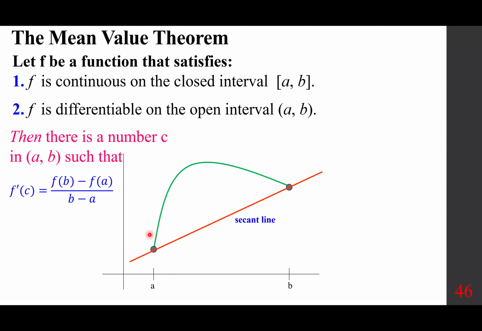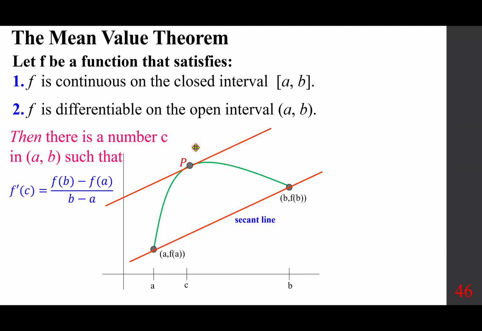Because this is a smooth curve, which means continuous and differentiable, there must be a point c where there is a tangent line parallel to the secant line. That's the concept. This is a, f of a, this is b, f of b, and this is the point we are looking for, somewhere in between.